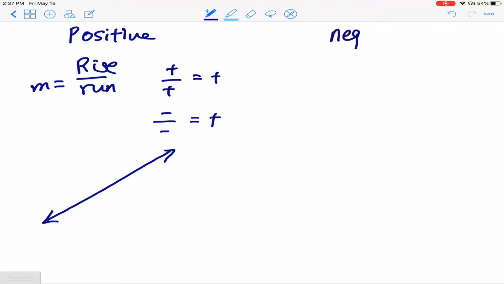If it is negative, then the slope's rise over run, their direction kind of goes in the opposite way. So if the rise is positive, meaning going up, and the run is negative, meaning going to the left, then it will give me the negative slope because positive divided by negative is negative.